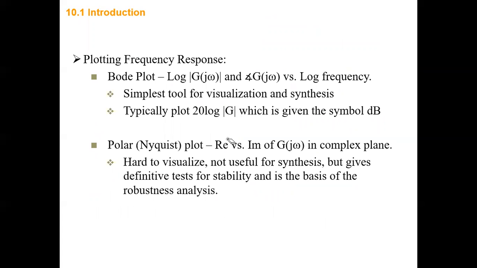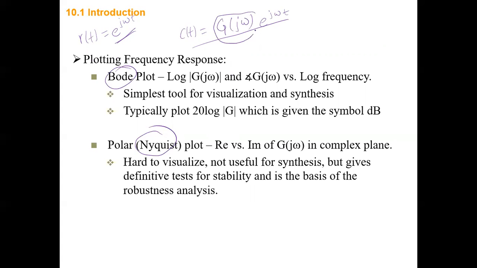All right, let's do this one by one. First of all, we'll be doing the Bode plot, then we'll be doing the Nyquist plot. So what is the Bode plot? Remember we had G(j omega). What was c(t)? c(t) was G(j omega) times e to the j omega t, given that your r(t) is e to the j omega t. Now we'll be plotting this frequency response function only.